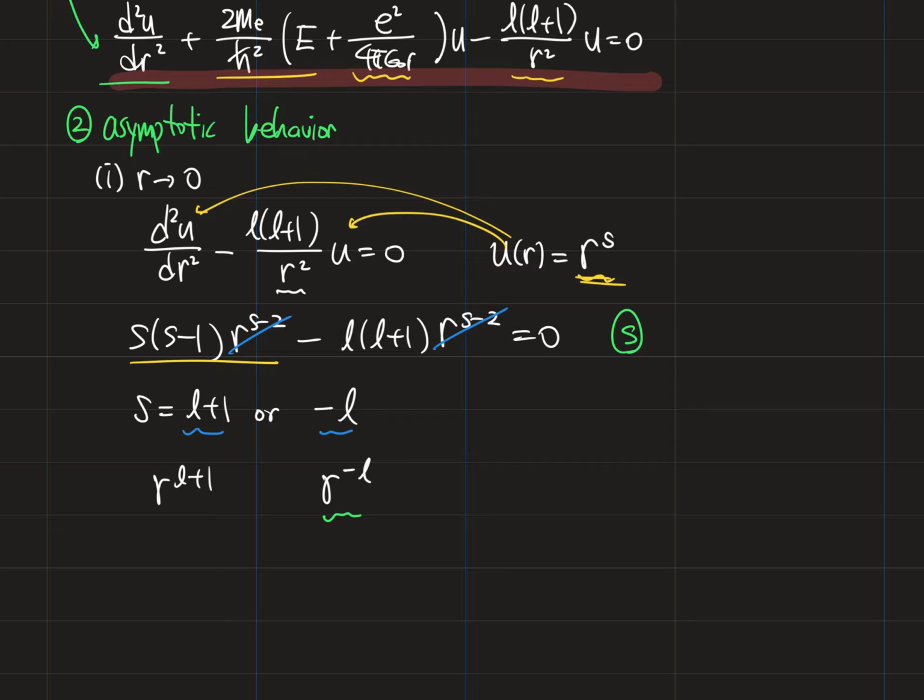When you allow r to approach 0, this function diverges, and a divergent function is not allowed as a wave function. So we are going to reject minus l, and l plus 1 is the only possible option.